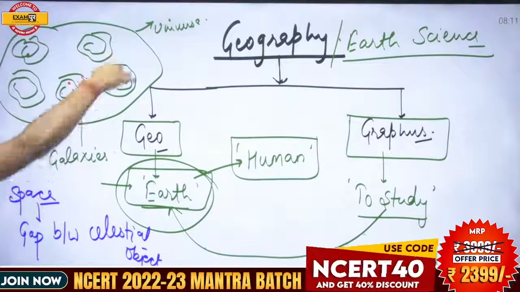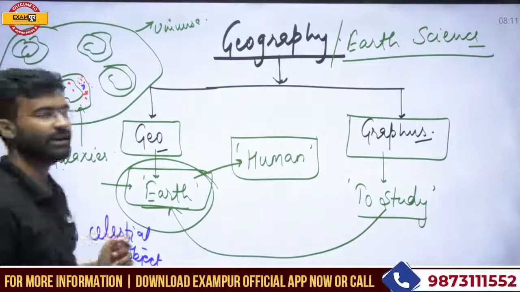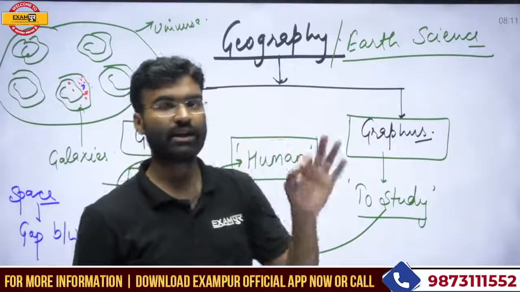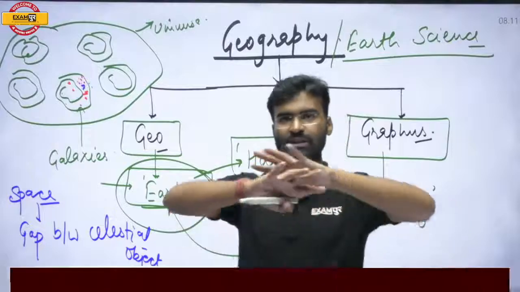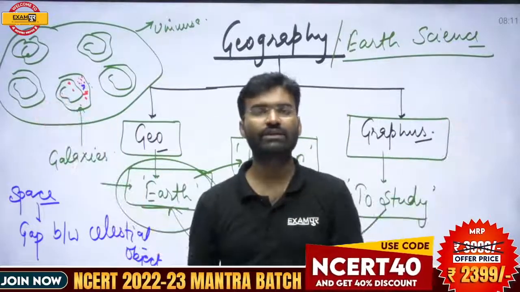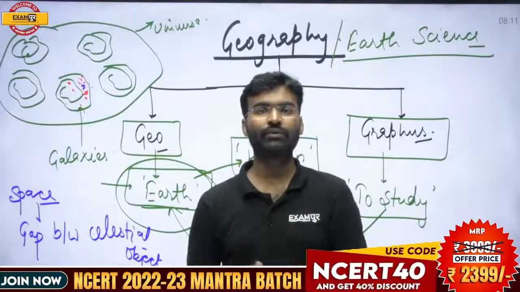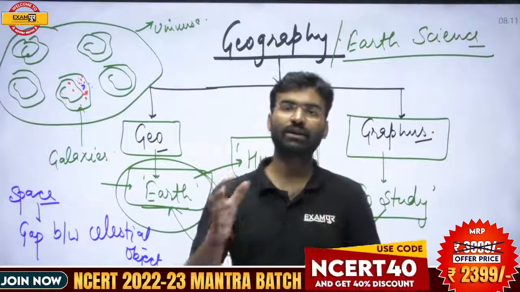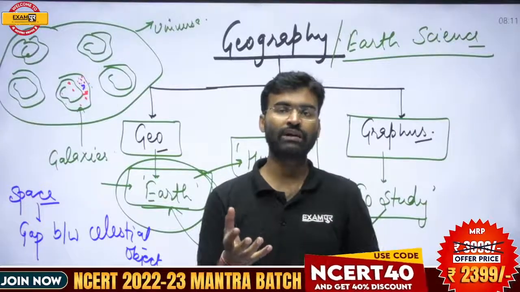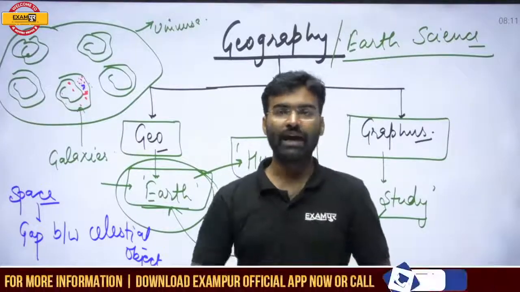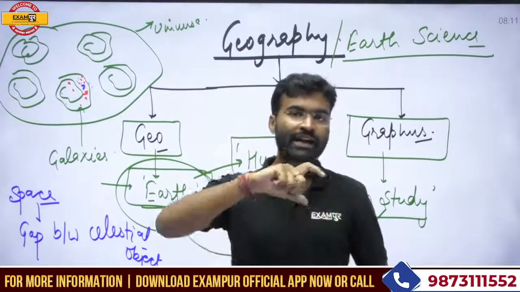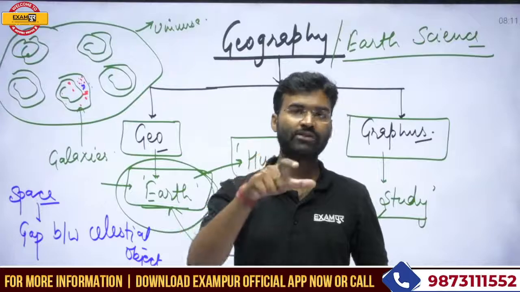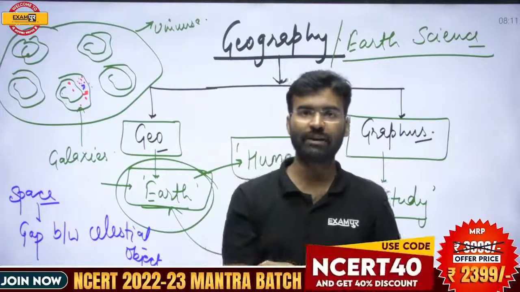And this entire limitless area, or limitless thing, is called the universe. So universe means all the things which have existence fall under the universe. And the gap between the objects, the celestial objects located in this universe, is called space.